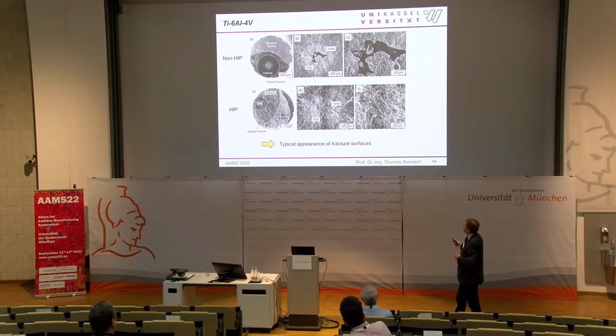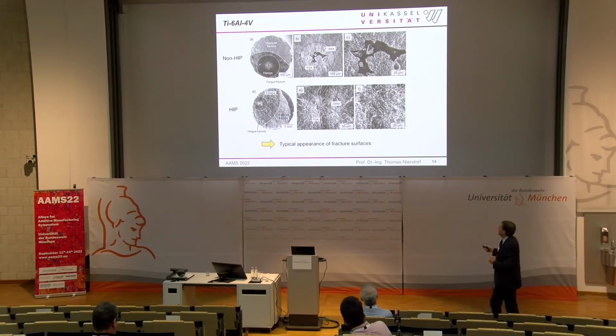So we have fracture surfaces at that point. On the upper part of the slide, a specimen that has not been HIPed, and we see a classical fisheye, so we can already see this is very high cycle fatigue we are looking at. And in the fisheye fracture, in the eye, we see the initiation point, so of course this was a lack of fusion defect at that point.